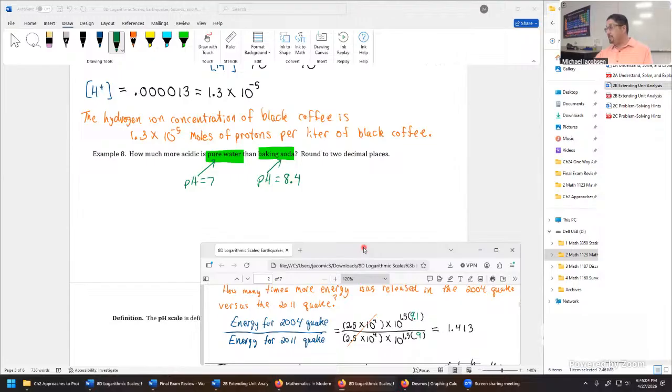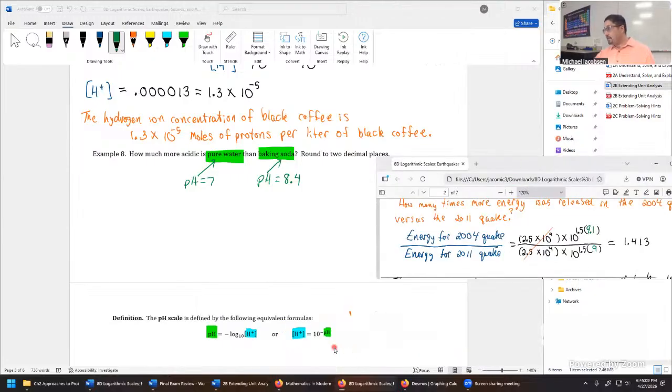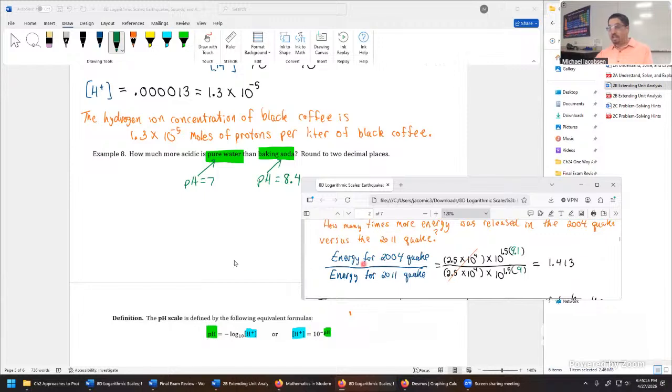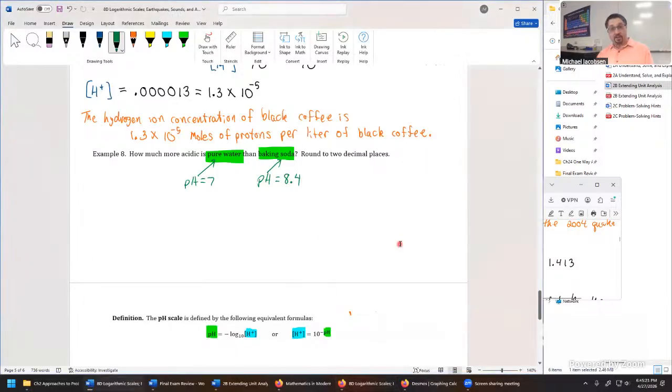For this problem, because it's pH, the thing that we're going to do this time is find the hydrogen ion concentration, much like we did for analogously the energy here, and then divide the hydrogen ion concentrations. Another way to know that that's on the right track is that if they gave you a pH, plugging it here gets us nowhere, but here we have something to work with. If we plug the pH there, we can find the H plus.